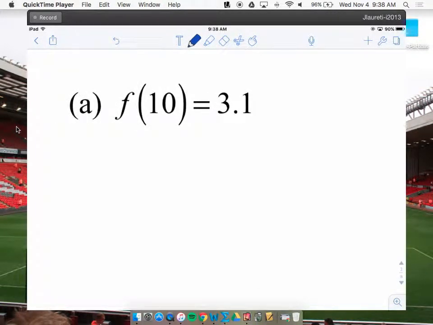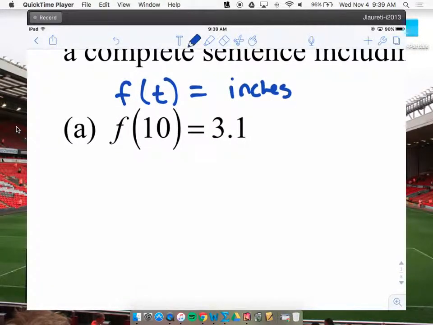Okay, so what does f of 10 equals 3.1 mean? So again, we have f of t equal to inches. What does 10 mean? 10 hours, right? So t equals 10 hours. Now, when did we start? When does it say we started paying attention to how much rain was falling?